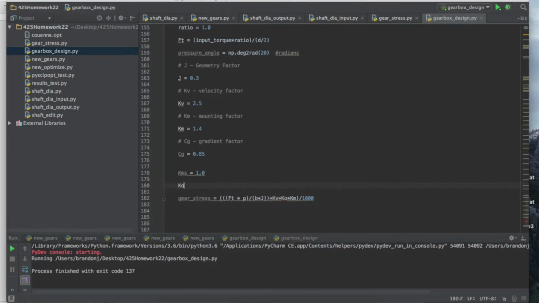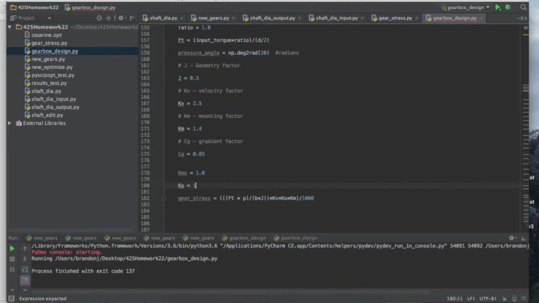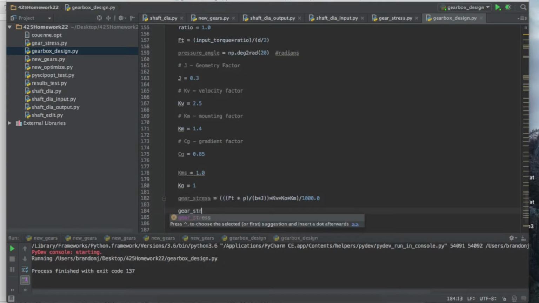So K0 is, I believe, just 1. Yeah, overload factor is 1. And I divide by 1000 here because this equation actually gives us PSI and we want KSI. So divide by 1000. Okay, and then we'll do gear strength.